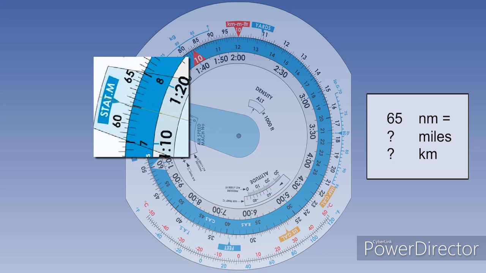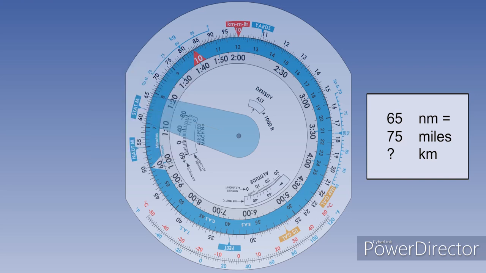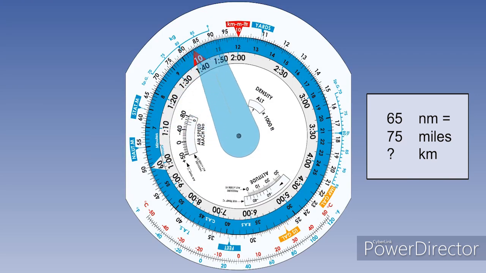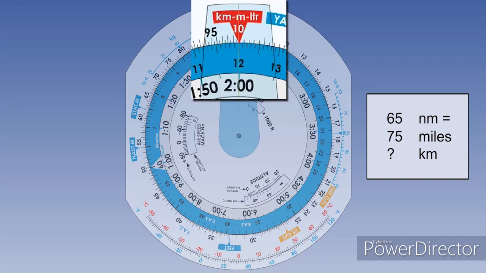Our rough answer puts us in the region of greater than 65, so our answer is 75 statute miles. Leaving the inner and outer scales in the same relative position, move the cursor over the red km, m, LTR index. Read off 12 under the cursor. Our rough answer led us to expect something near 130, so our answer is 120 kilometers.